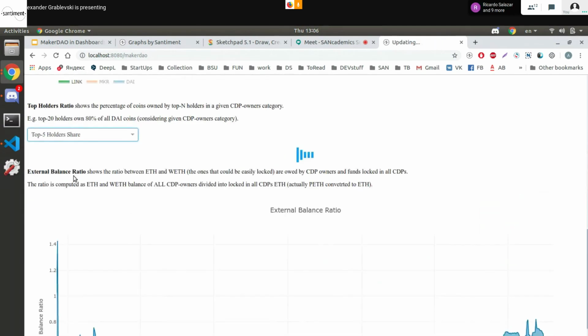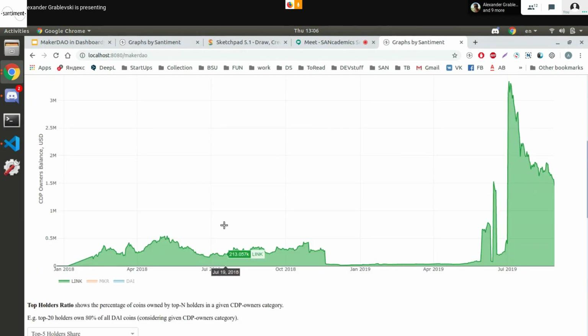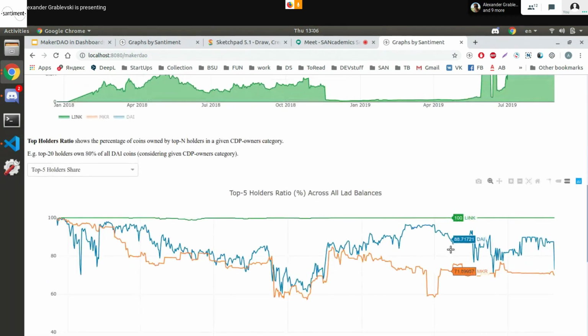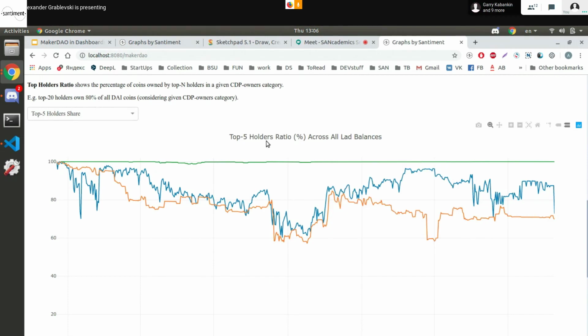And for example, the top 5 holders naturally have 100% of all LINK tokens placed on the addresses. So you can see that all this amount is concentrated on 5 addresses, and that's the concentration ratio on a new shape.